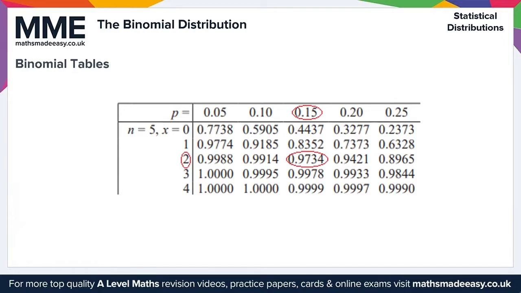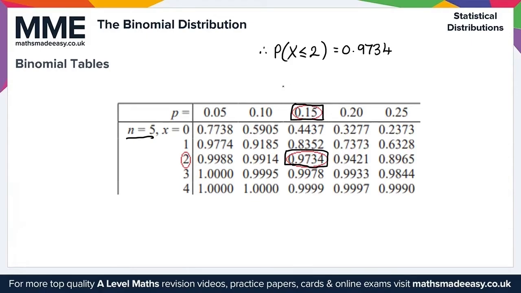For example, if we want to find the probability of 2 or less successes out of 5 trials with a success probability of 0.15, using our tables we can see we've got n equals 5, our probability p is 0.15, and we're looking for 2 or less, then going across here, we can see the probability that we're looking for is 0.9734. So what this shows us is that the probability of x being less than or equal to 2 is 0.9734.